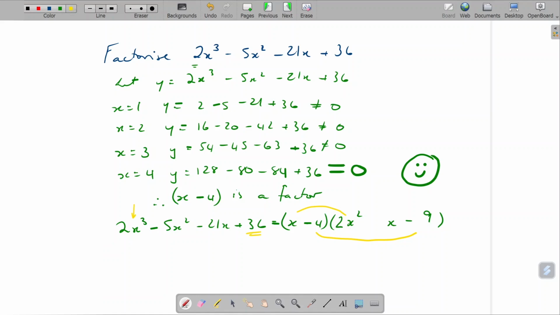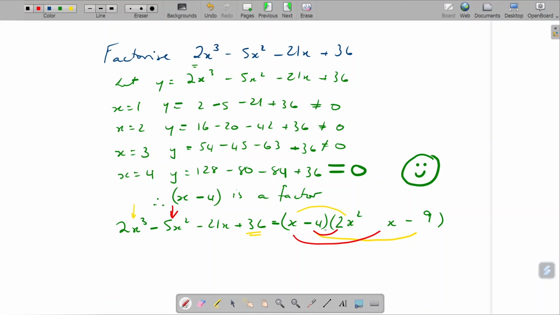I'm now going to choose one of these two, just to be different from the previous example on a previous lesson. I'm going to choose the x squared term this time. To get x squareds, you need x times x, or a number times x squared. I want to have a sum total of minus 5.